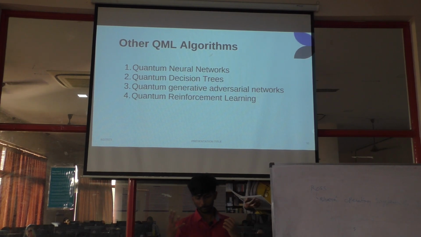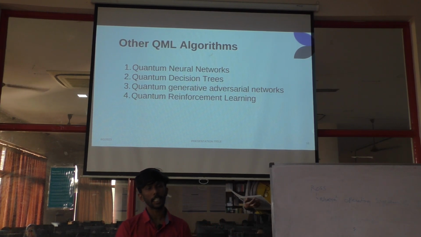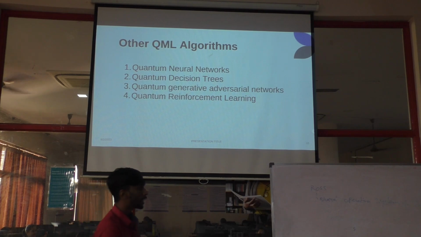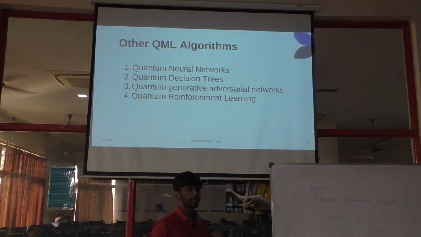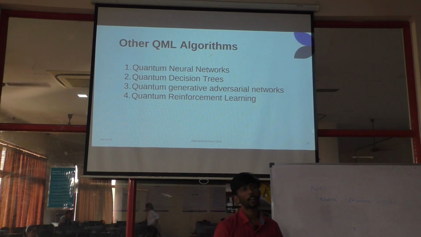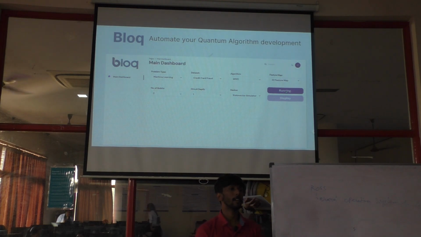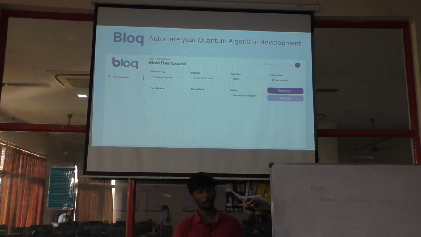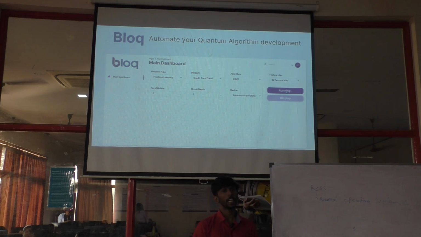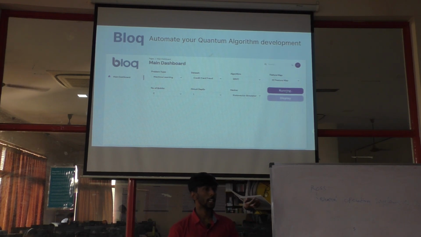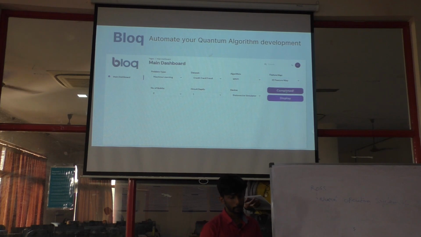Also, most of you would have found this very difficult to comprehend and also to code. And that is what we are currently building: a block where you can build any quantum algorithm of your choice with simple inputs.